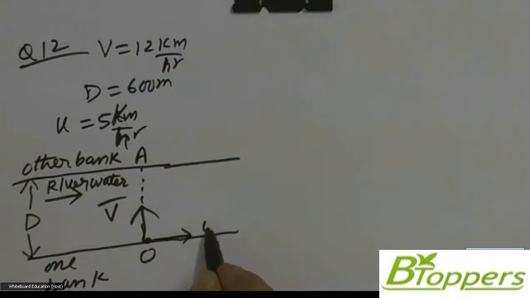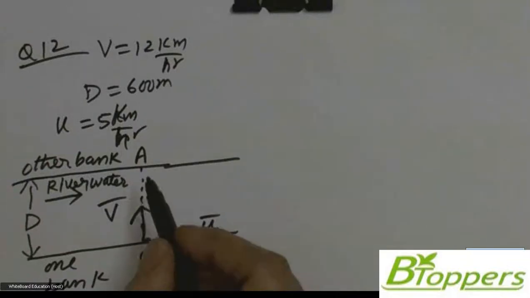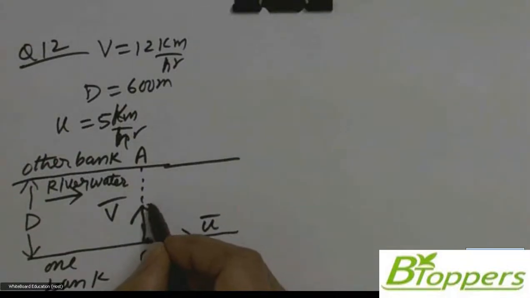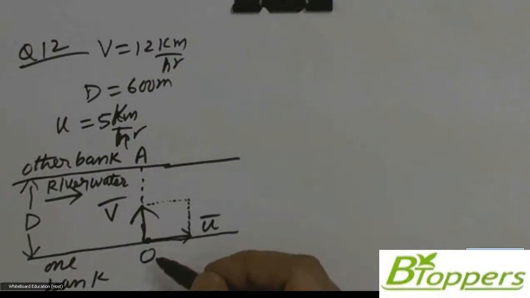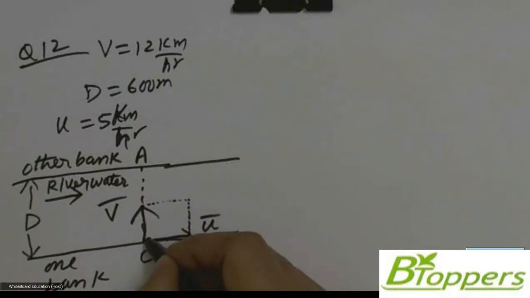Here U bar is the velocity of the river water. So the boat moves in the direction of the resultant of V bar and U bar.